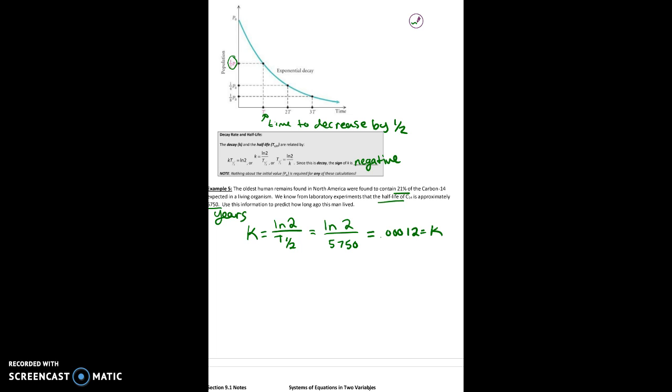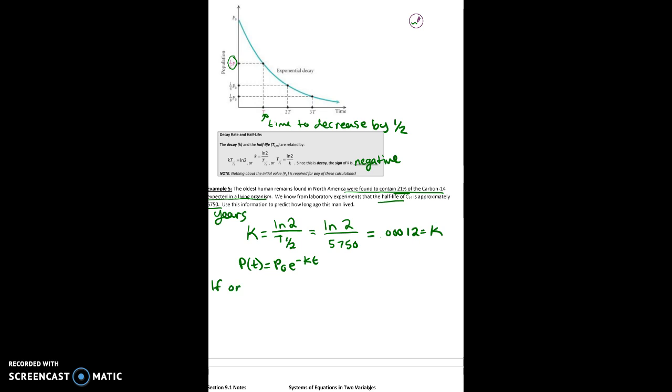So the next thing that we need in order to use our equation, P of t equals P0 e to the negative kt. So now we know k. We're trying to find time. So now what we want to think about is this sentence right here, where they were found to contain only 21% of the carbon-14 expected in a living organism.